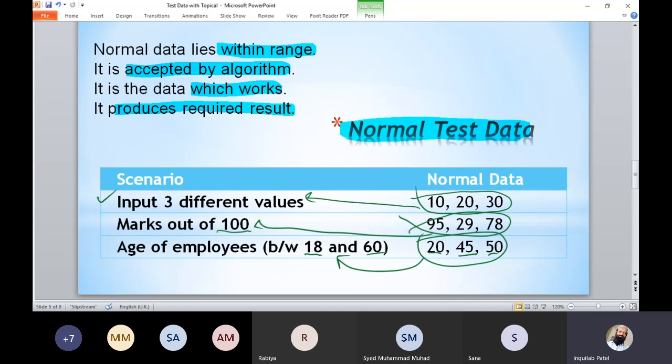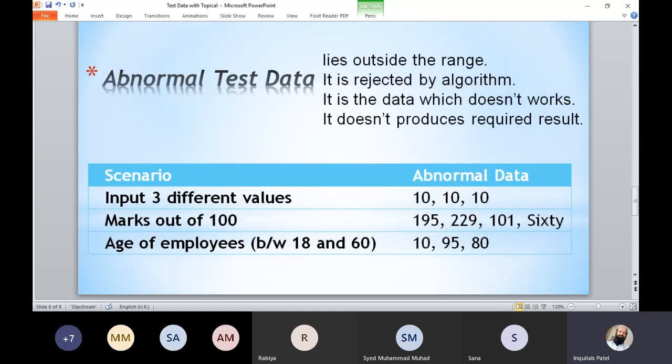Then the second type of test data is known as abnormal data. Abnormal data is basically the opposite of normal data; its features are opposite to normal data.